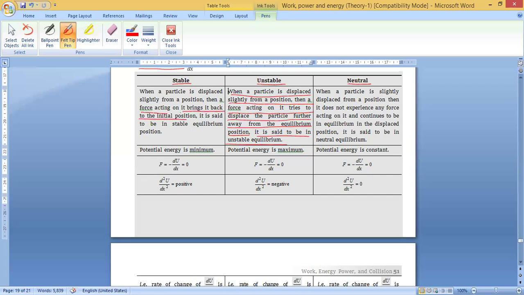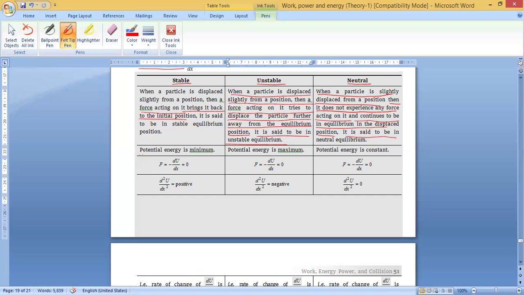And when a particle is slightly displaced from the position and does not experience any force, and continues to be in equilibrium in the displaced position, it is said to be neutral equilibrium.